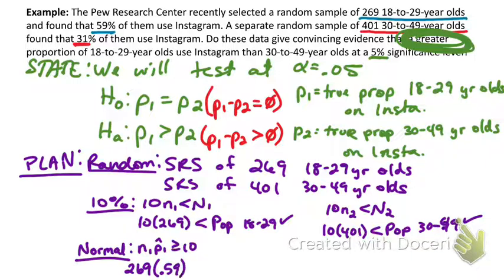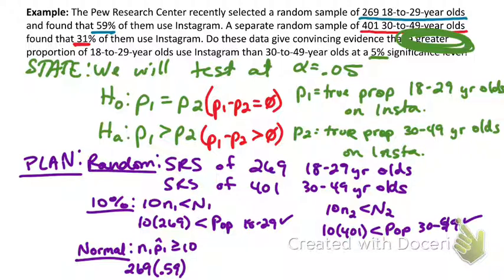0.59. Okay. I do not know what 269 times 0.59 is, but you have calculators. And I will tell you this: you should round them to the nearest integer, like regular old rounding. So when you do these, don't use decimals. Make sure you're using integers.